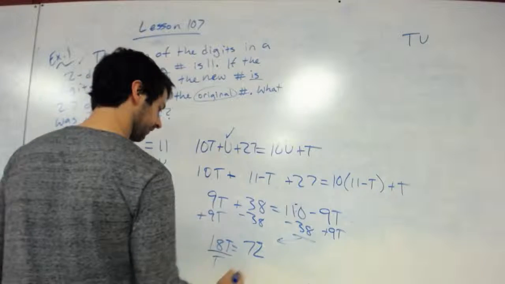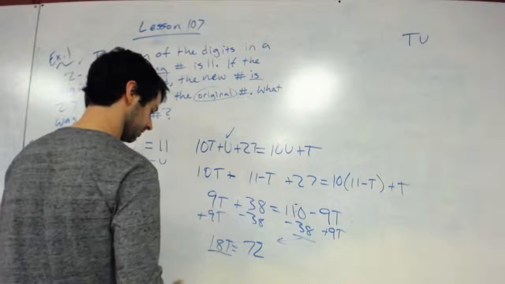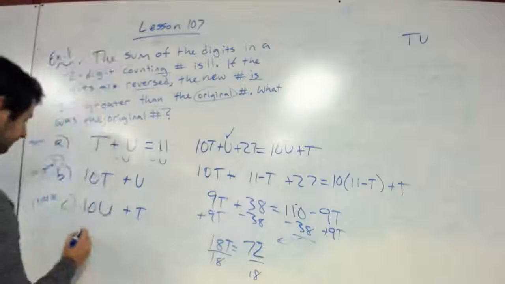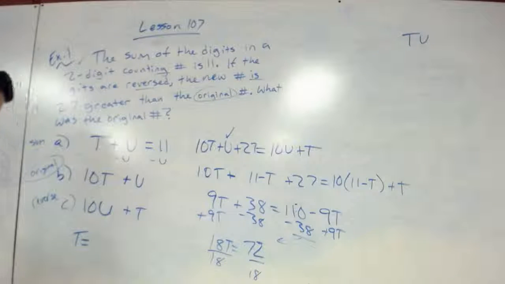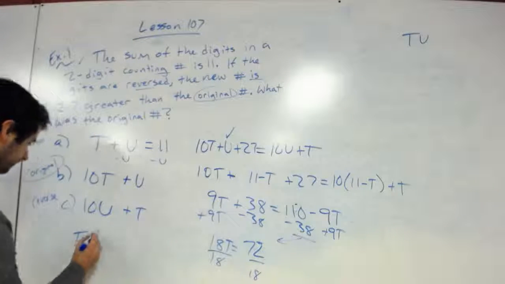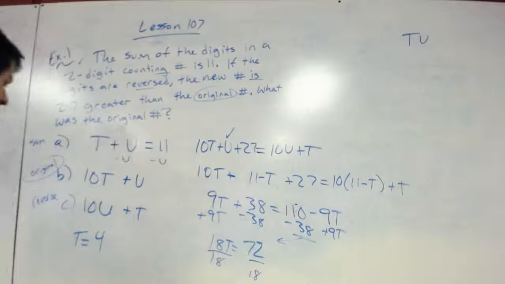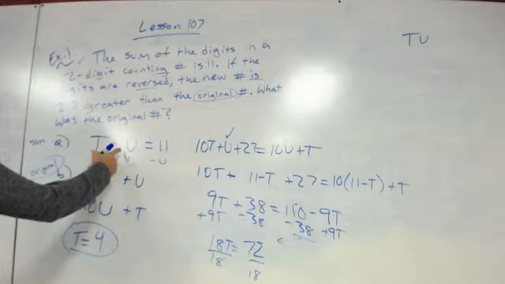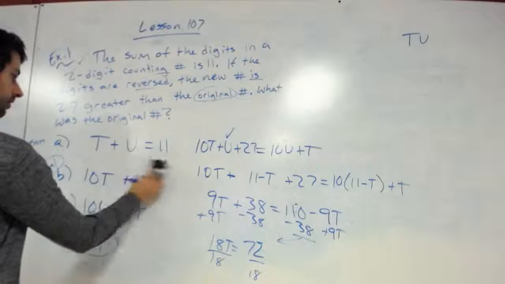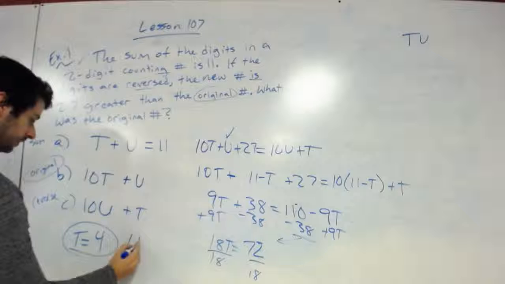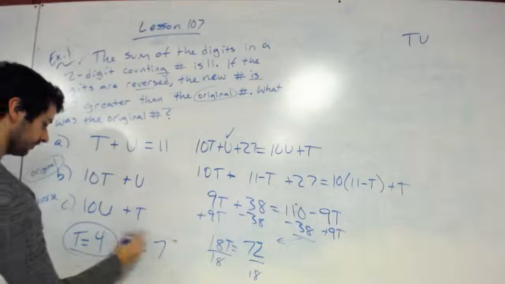We finally figure out what t is by dividing by 18. 72 divided by 18 is 4. So t equals 4. If I plug in 4 there, I know that u equals 7.